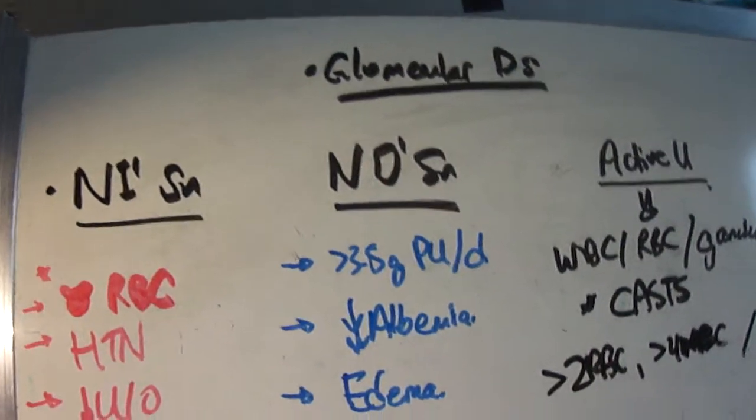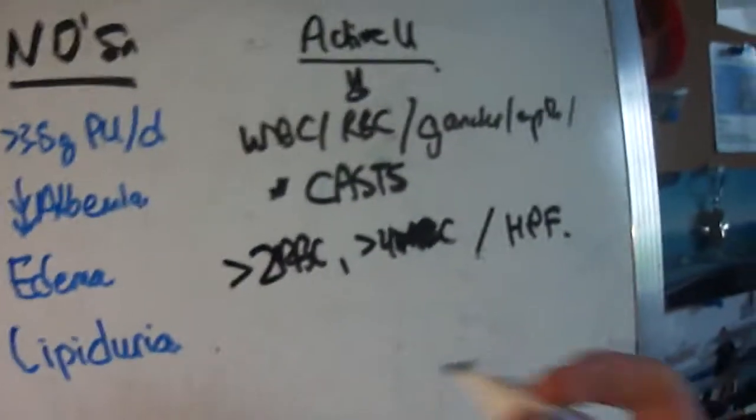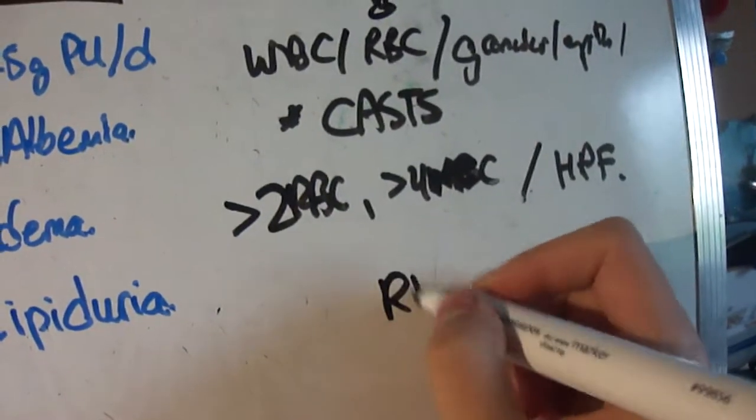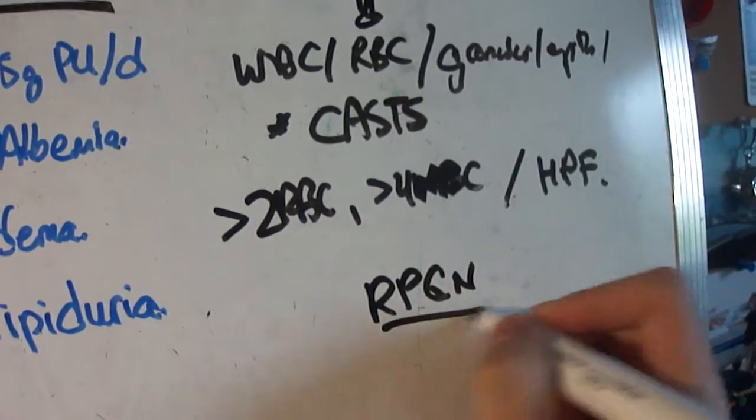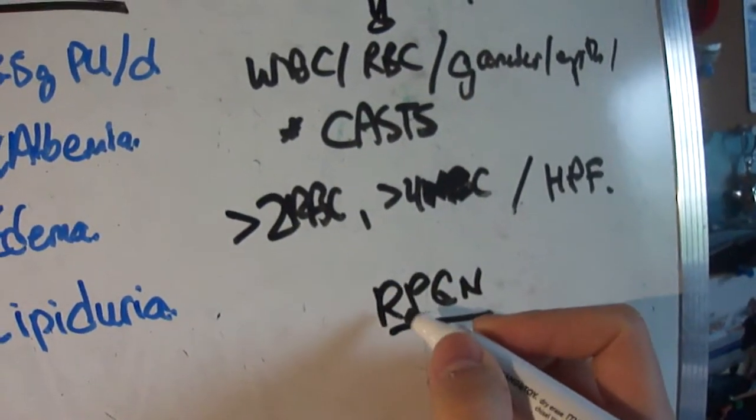So active urine really could be a reflection of RPGN. And RPGN is a glomerular nephritis that is rapidly progressive.